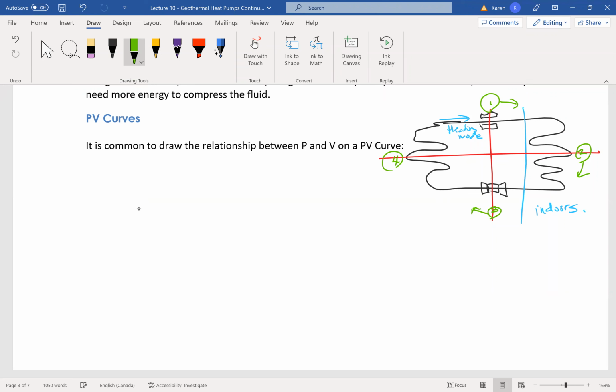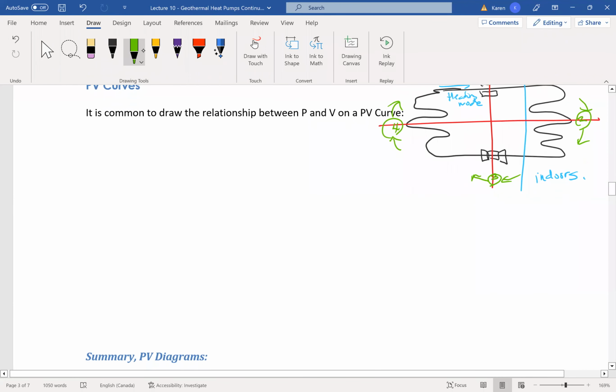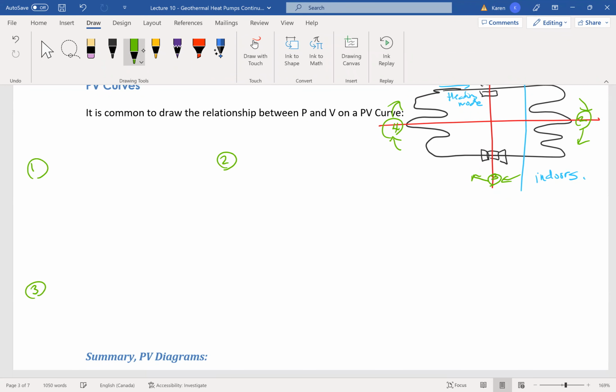And we are going to develop the PV curves across the device at 1, 2, 3, and 4, not at the corners that we were talking about before. PV curves are the relationship between pressure and volume. So we're going to do that at 1, at 2, at 3, and at 4.